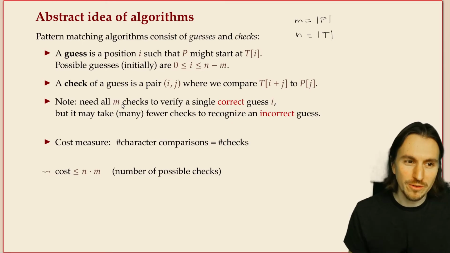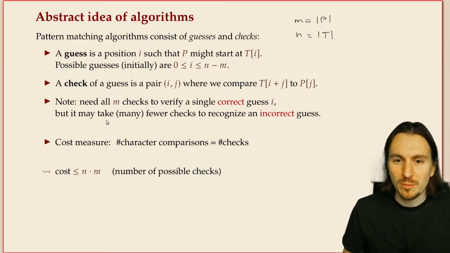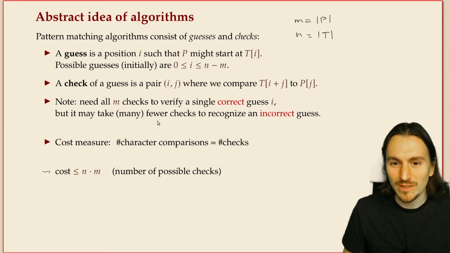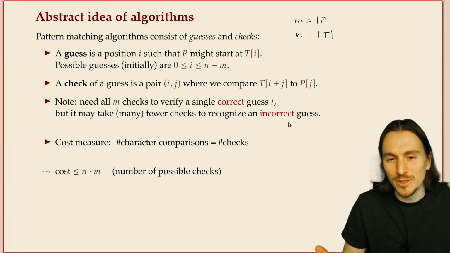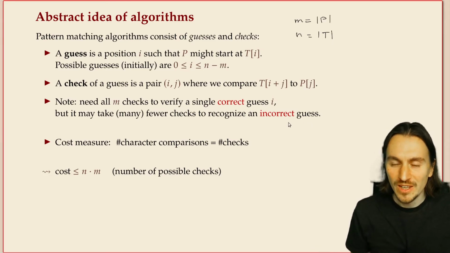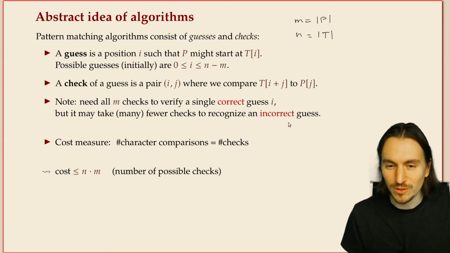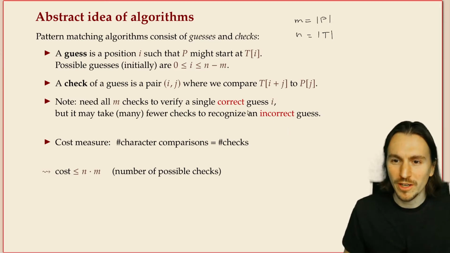There's no way to save on that. But if you want to debunk a guess that is not correct, it might take far fewer checks to recognize that it is incorrect. A single mismatch is actually enough. So it will be interesting to see how we can get the incorrect guesses sorted out quickly, whereas for the correct guesses, there's not so much you can do.